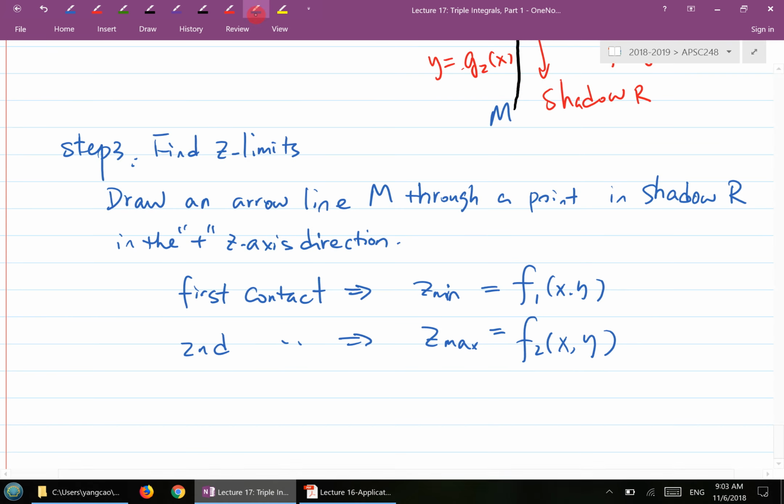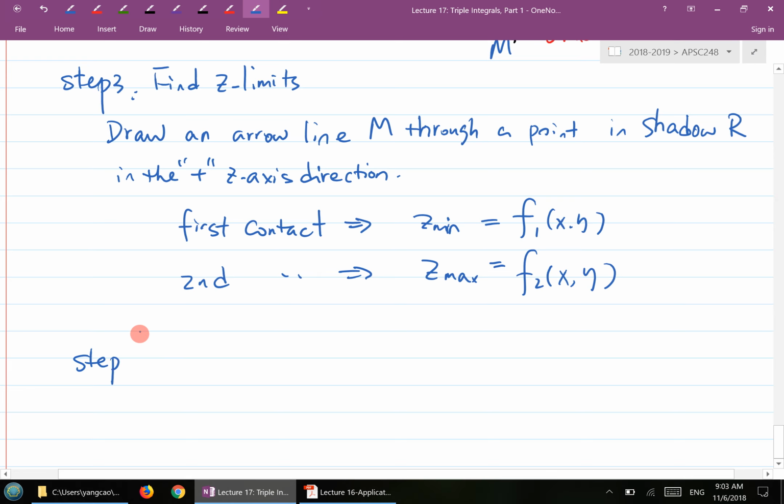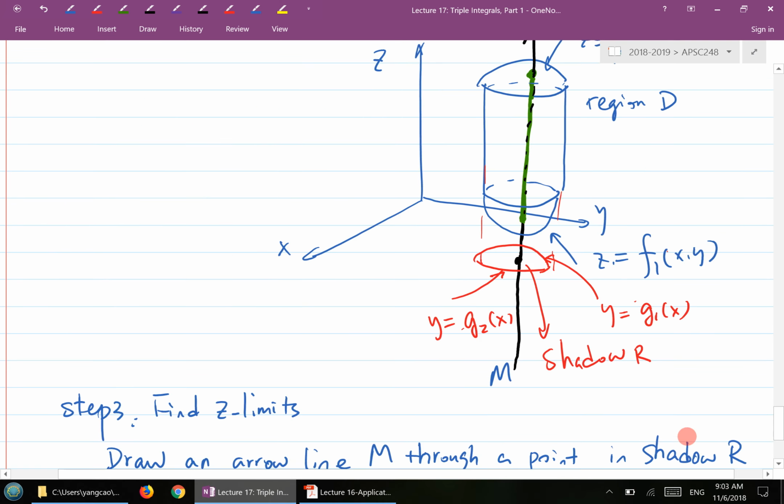Okay. So now once you find the z limits, the next step is to find the y limits. So how do we find the y limits? To find the y limits here, the next two steps are very much the same as the double integral now.